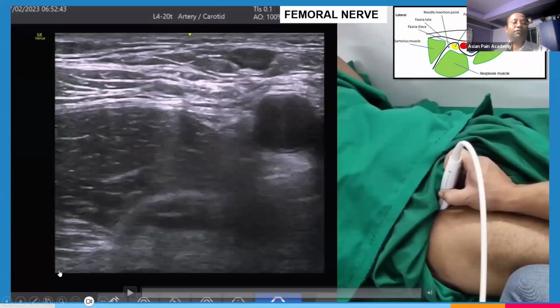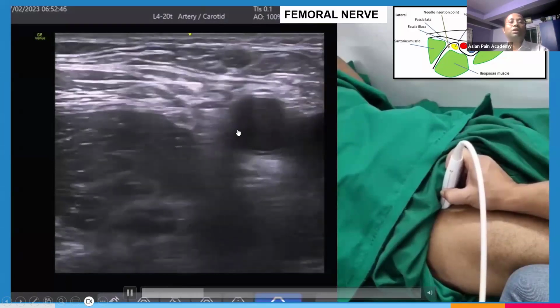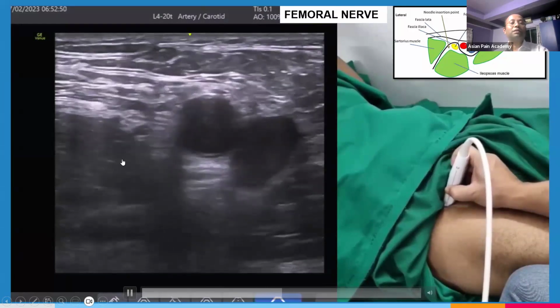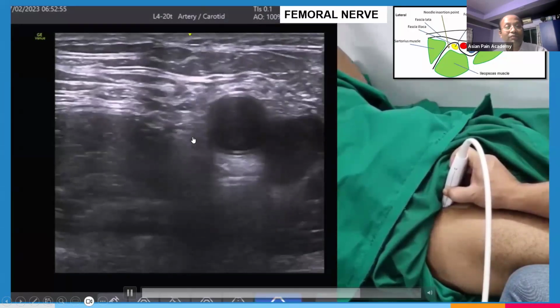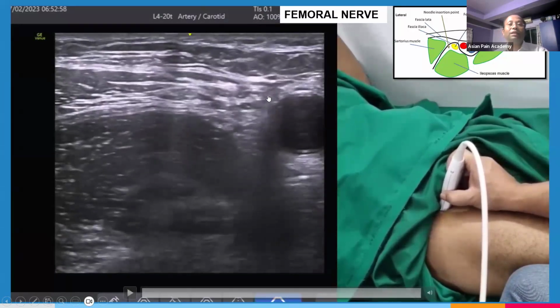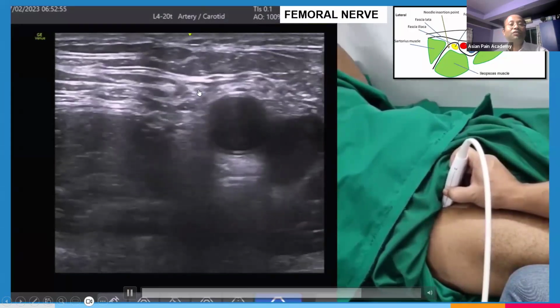This is the femoral triangle when I am showing you. So here, you can understand that this is the iliacus, and this is the femoral nerve, and this is the femoral artery. So here actually there is one small structure, that is the genital branch of the genitofemoral nerve.